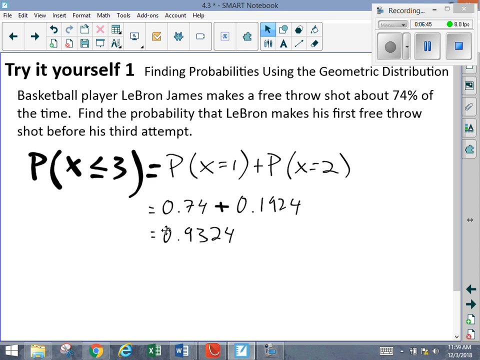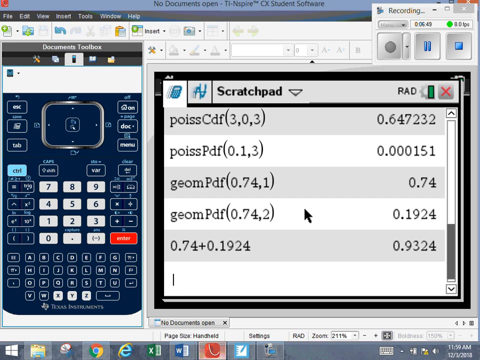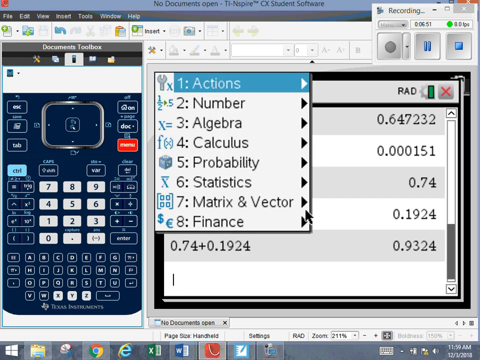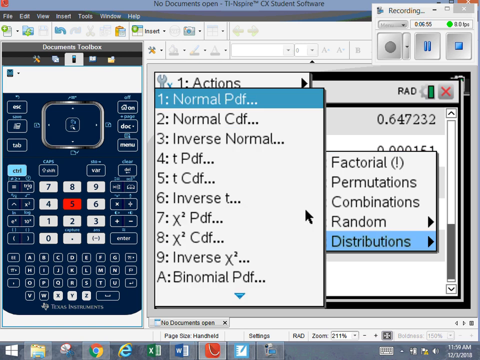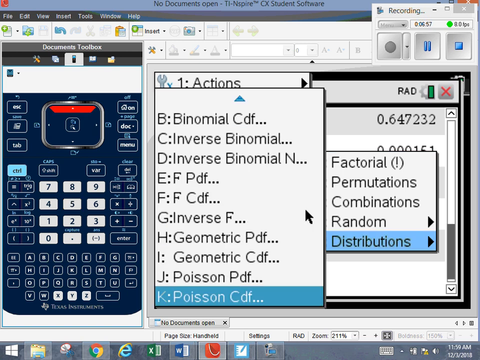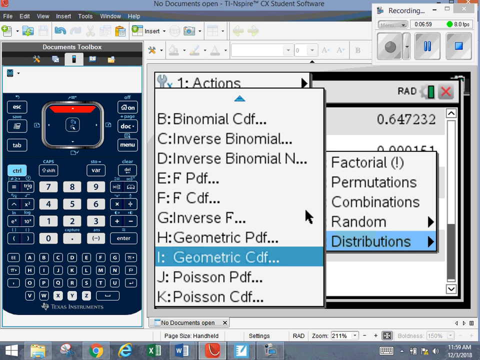But if you're going to add it up, you can do it this way, or we can go to menu, go back to probability, distributions, find geometric, but now we're going to go geometric CDF.